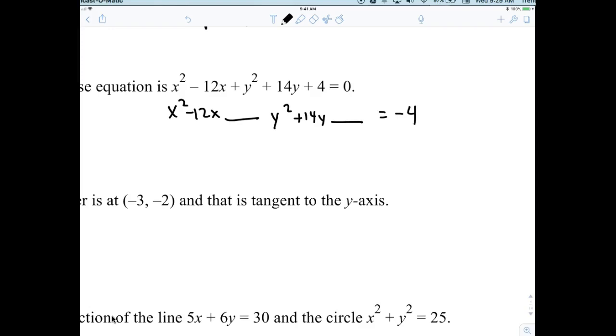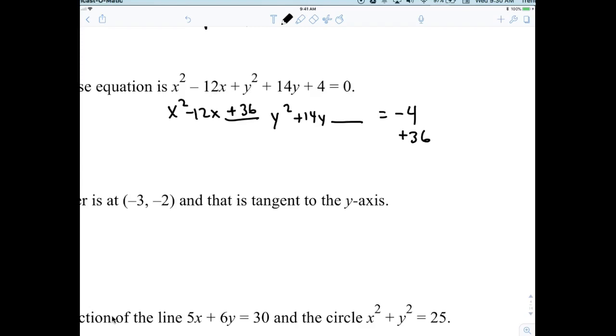And then you take half and square. Half of 12 is 6. 6 squared is 36. So plus 36. All right. Now remember, if you add it to the left side, you have to add it to the right side.